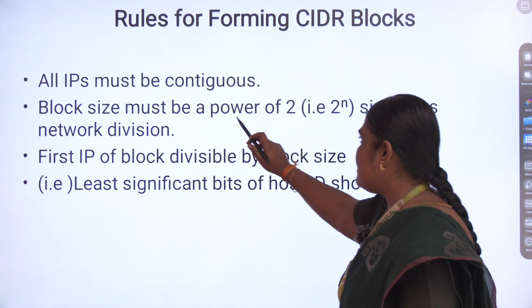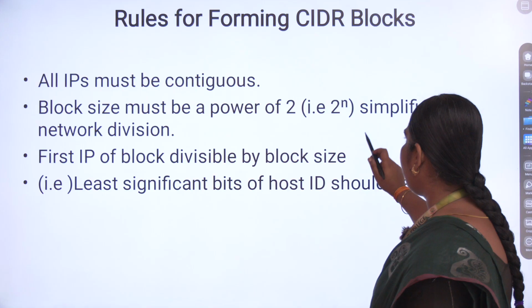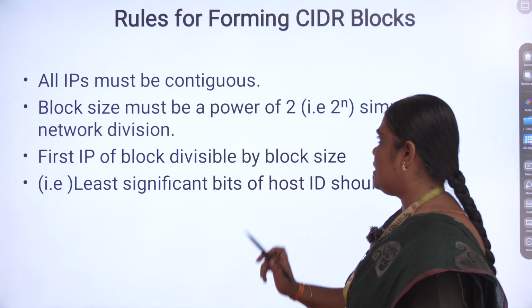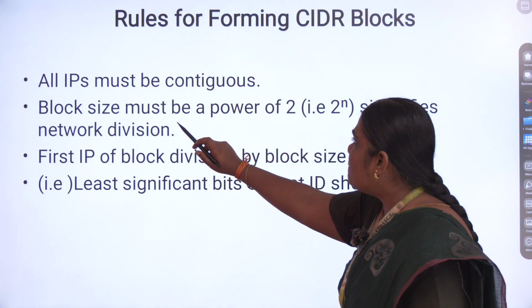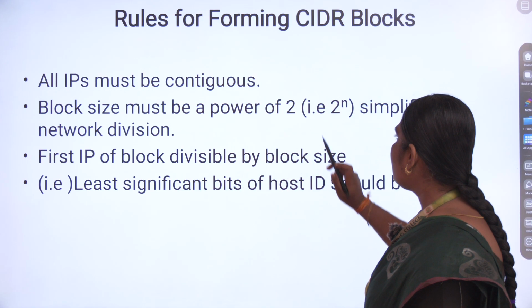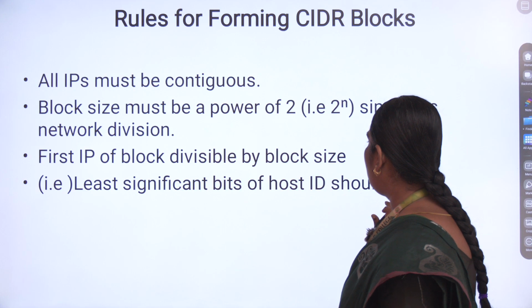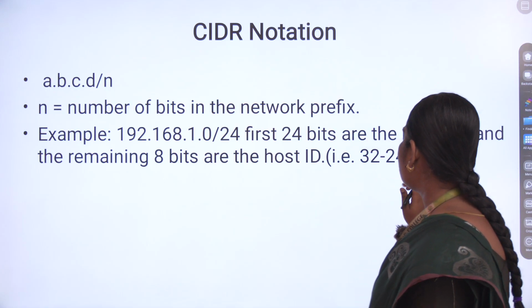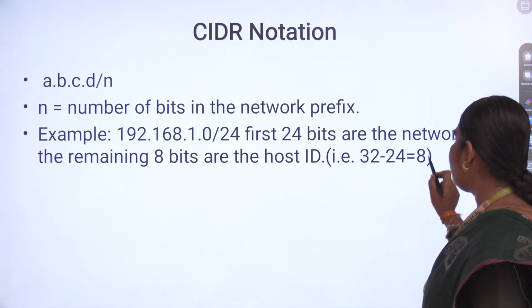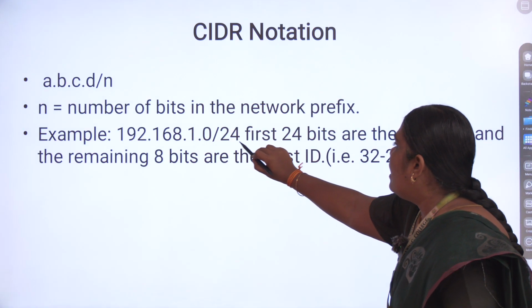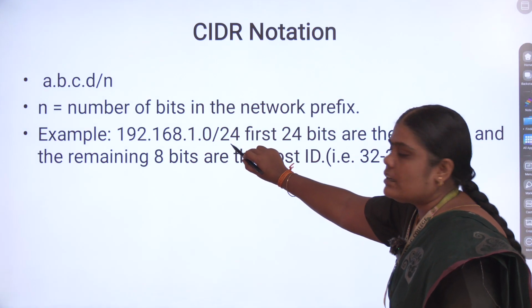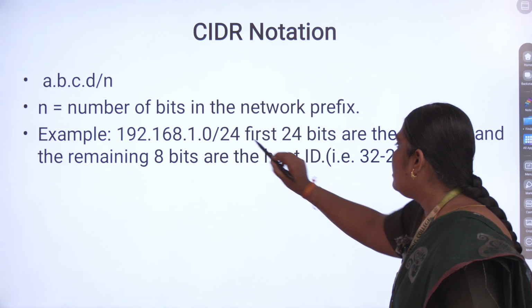Then, the block size must be a power of 2, that is 2 power n. It simplifies network division. In this, we got the host bits as 8, subtracting the network ID 24 from 32.